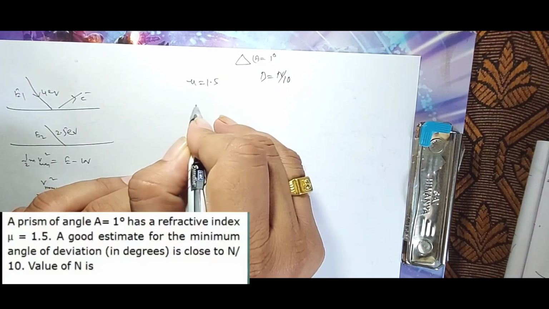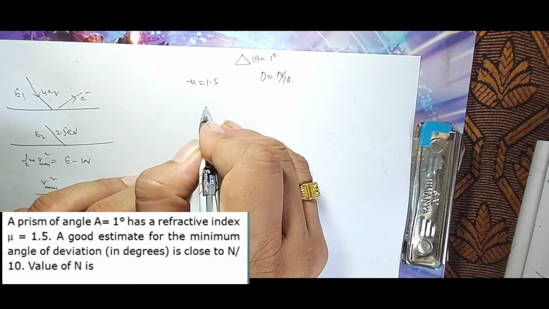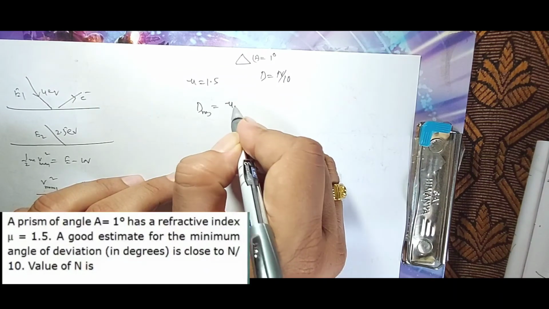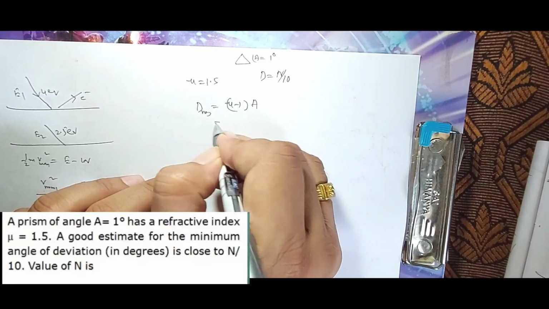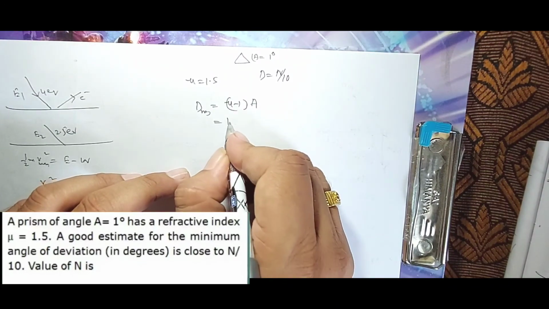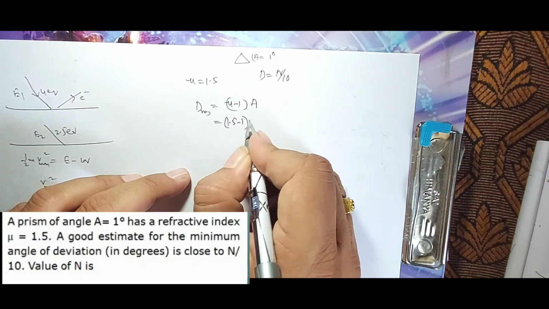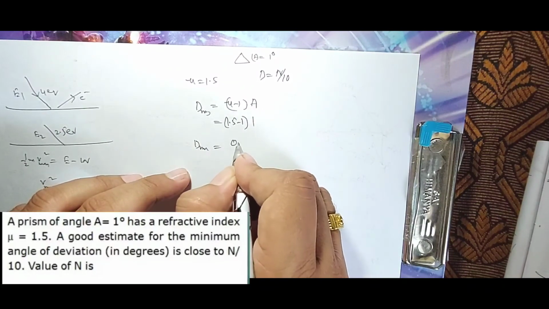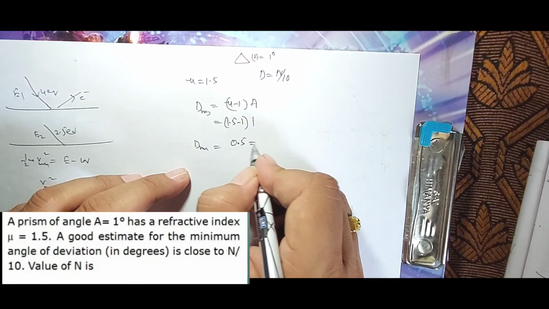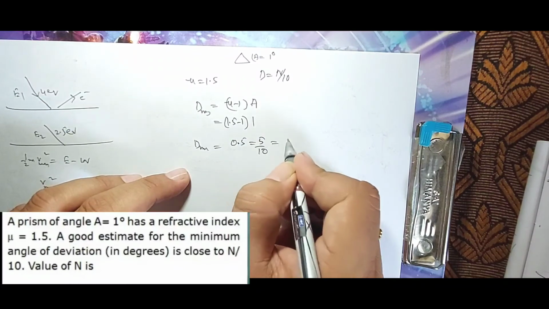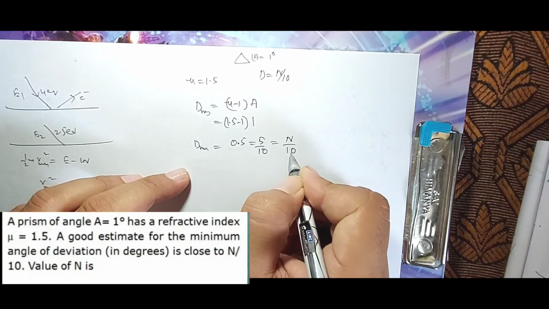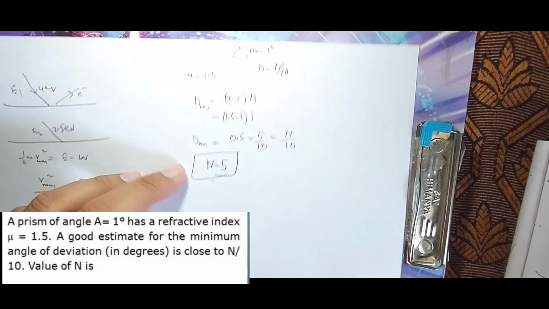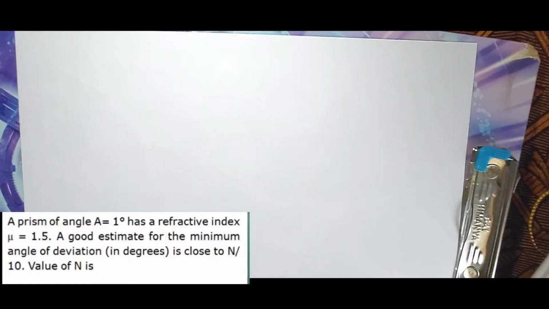What is the value of n? We know that d is equal to mu minus 1 into A for a small angle prism. So that is equal to 1.5 minus 1 into 1. So dm is equal to 0.5, that is 5 by 10. According to the given problem, it is n by 10. So n is equal to 5.